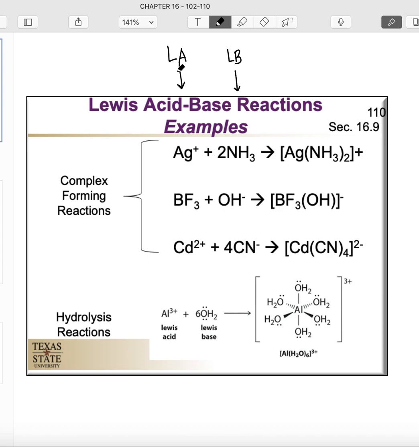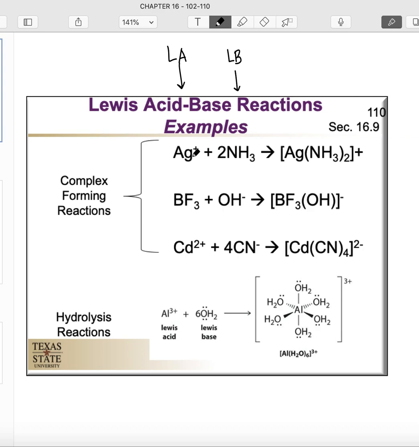Remember that the Lewis acid is going to be the electron acceptor, and so we're talking about either cations or compounds that have a central atom that has less than an octet, right? And then the Lewis bases are going to be the electron donors. And so these are going to be compounds that have a lone pair of electrons available, such as ammonia, or they might be anions, right?